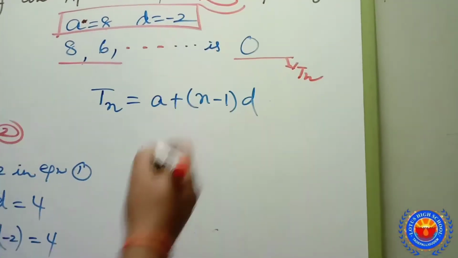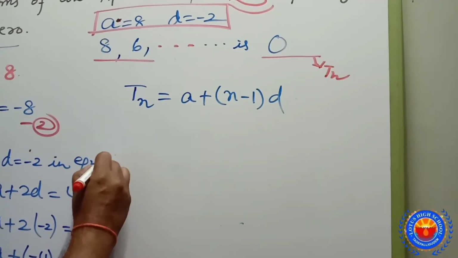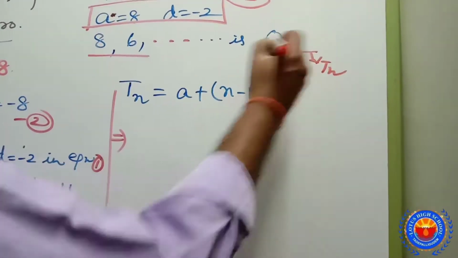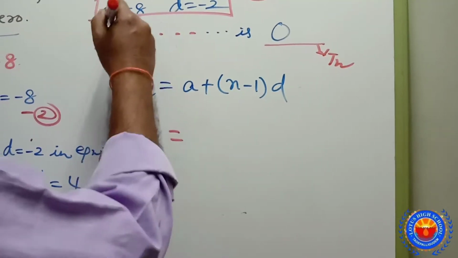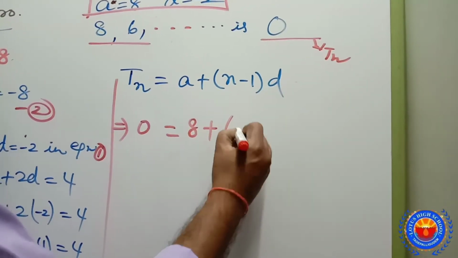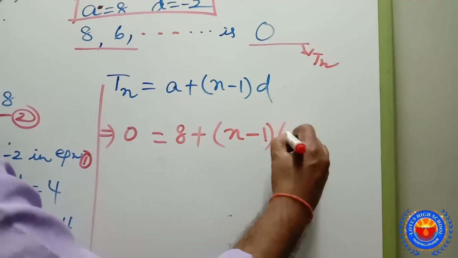Tn is 0. So substitute: a is 8, n is n only, minus 1, d is minus 2.